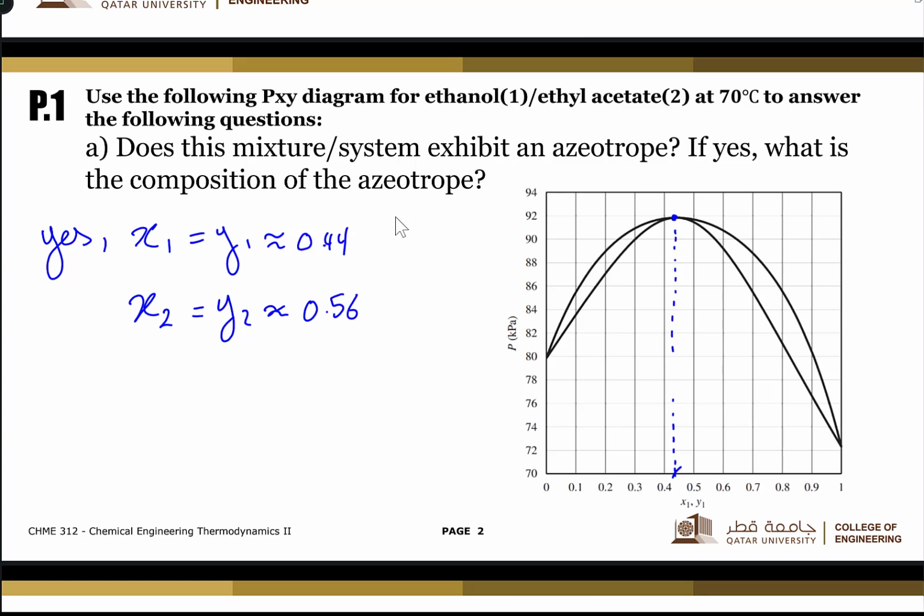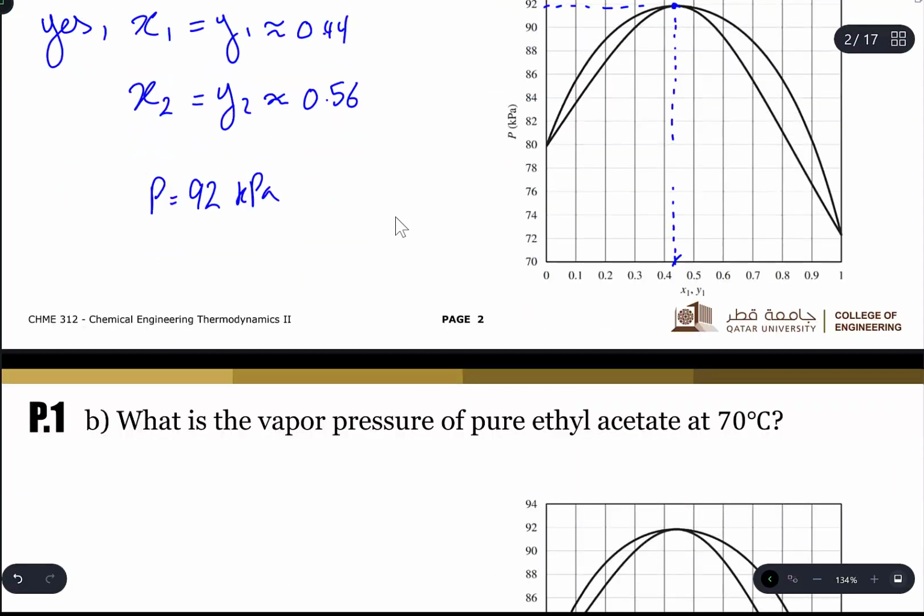And in case they were asking what's the pressure at that point, you just read what's on the y-axis. So the pressure would be P equals 92 kilopascals. Straightforward. Next question.